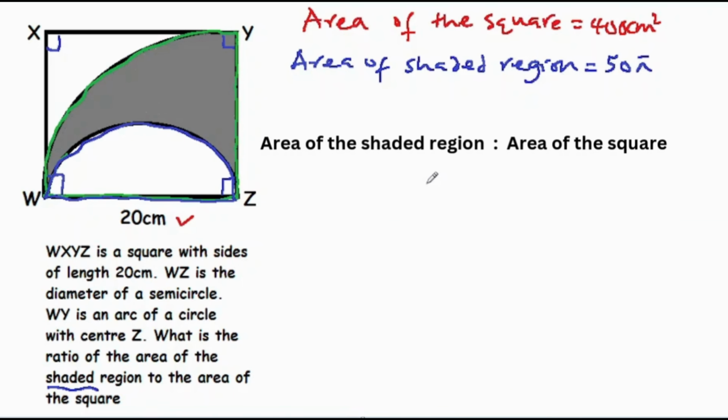That's going to be 50 pi ratio 400 centimeters squared. Divide through by 50, which is the smallest. Then we're going to have pi ratio 400 divided by 50, that's going to give us 8. Therefore, the ratio of the area of the shaded region to the area of the square is pi ratio 8.